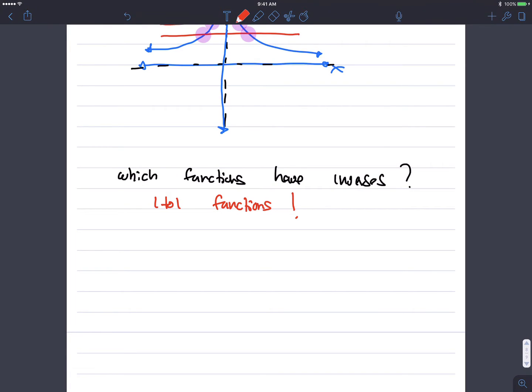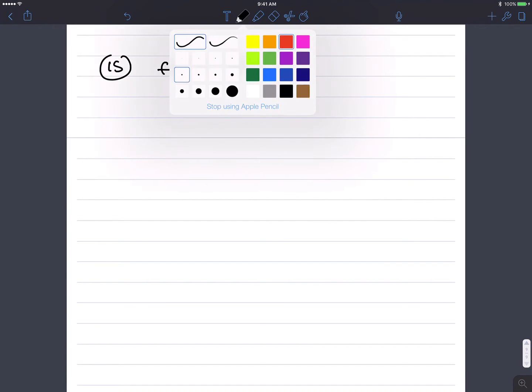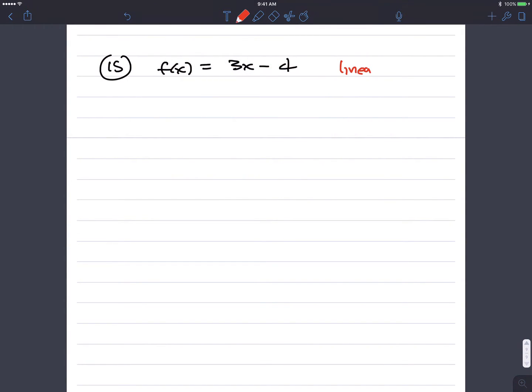So now that you know what it means for a function to be 1-to-1, let me show you what they're going to ask you. Here's a function, 3x minus 4. Notice this is a linear function. What do you guys know about linear functions? They are 1 to 1.